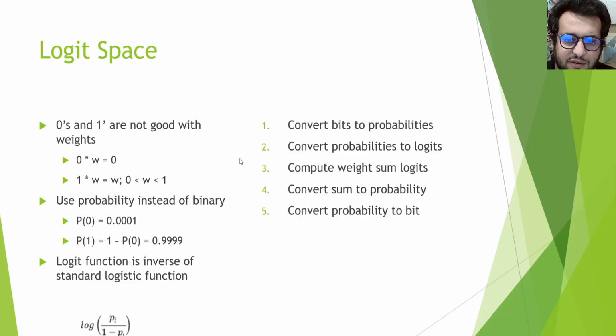So if you compare it to what we're doing with real numbers, or the real space, we're not doing any of this other than computing the weight sum. Then we're going to convert that sum to a probability, and then we're going to convert that probability to a bit.